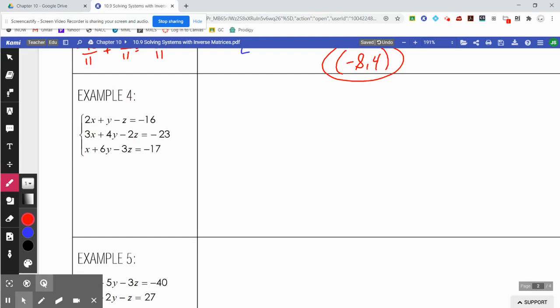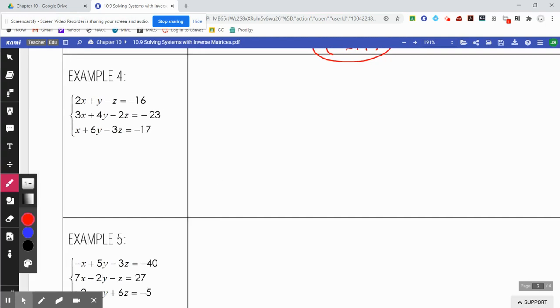Okay, number 4, we're actually now moving on to a 3 by 3. You have X, Y, and Z, so a little bit different. However, the process is going to be the same. Matrix A is going to be the matrix 2, 1, negative 1, 3, 4, negative 2, and 1, 6, negative 3.